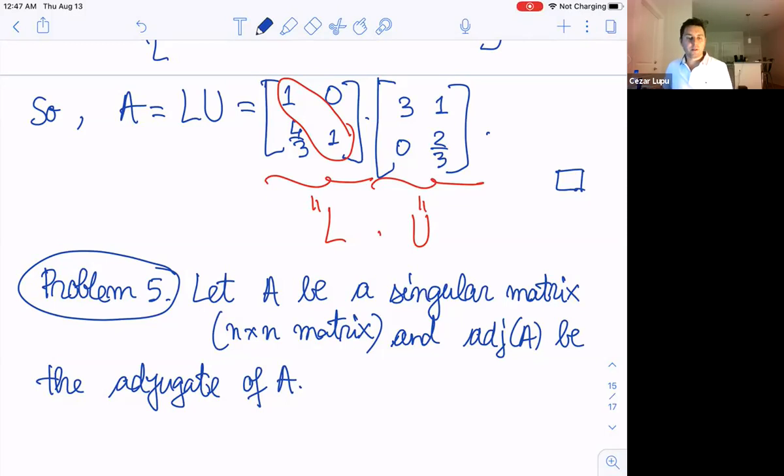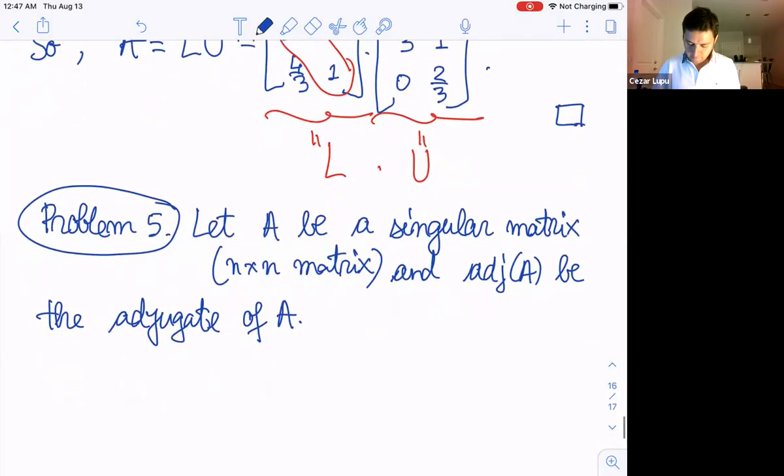That was the first, and then we can express the adjugate of a matrix again in terms of the determinant of the matrix. In other words, the problem said the following, and this is a proof-based problem.